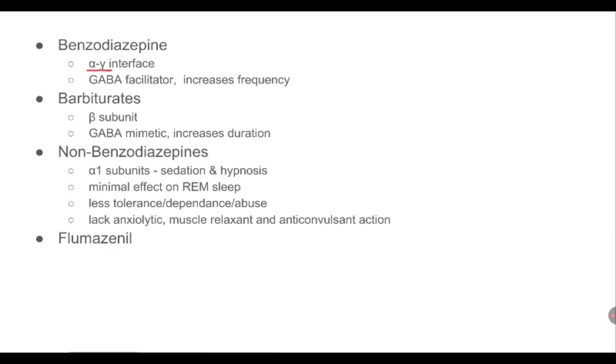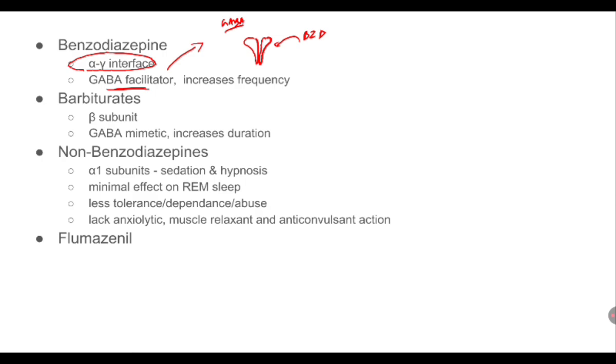Coming to the next slide, here we can again see the benzodiazepines, barbiturates, and non-benzodiazepines. Benzodiazepine is mainly binding at the alpha gamma interface and it is a GABA facilitator. This is also a NEET PG question: which among the following is a GABA facilitator? If this is the GABA A receptor and benzodiazepine is coming, and if there is no GABA, the neurotransmitter, then benzodiazepine cannot open this channel.